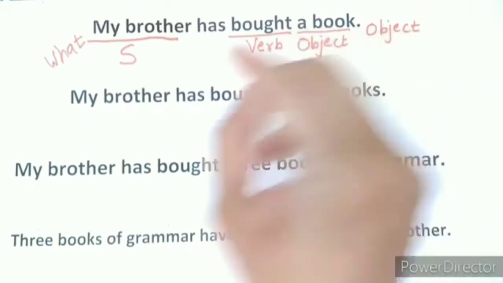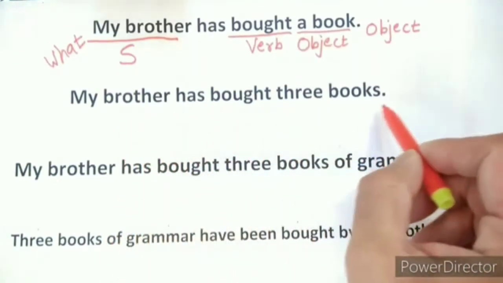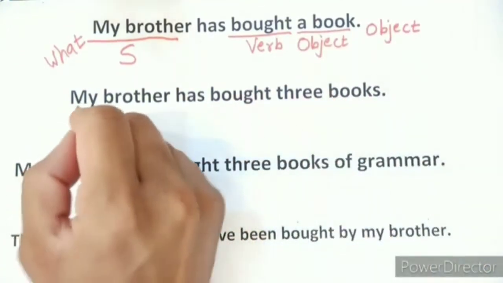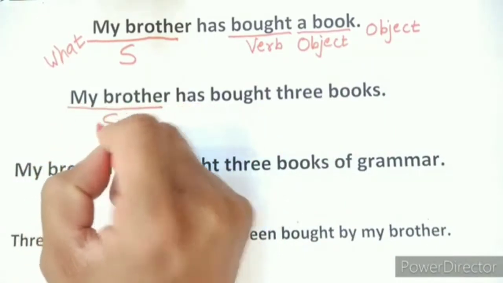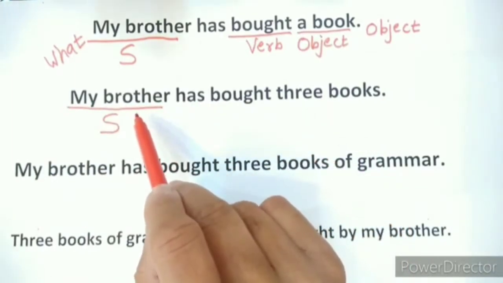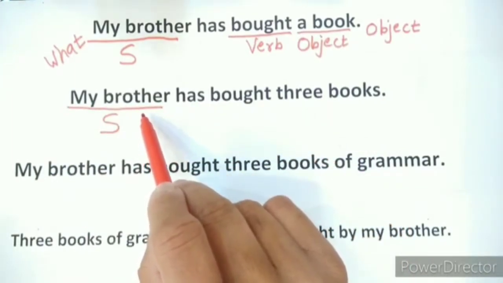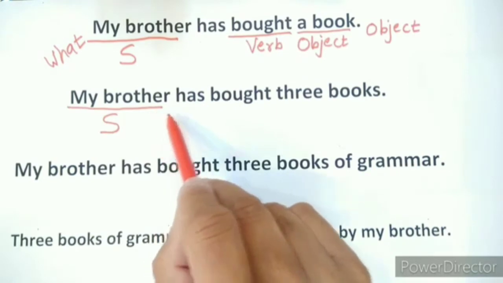Now let us come to the second sentence. My brother has bought 3 books. In this sentence also, my brother is the subject because this part shows who is the performer of the action, who is the doer of the action, and therefore my brother is the subject of this sentence.